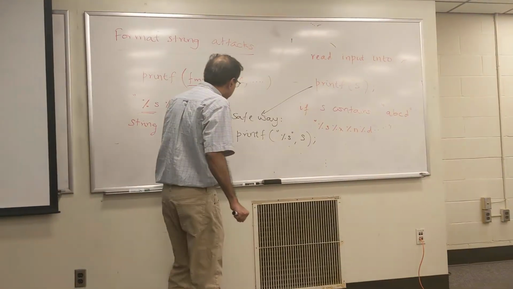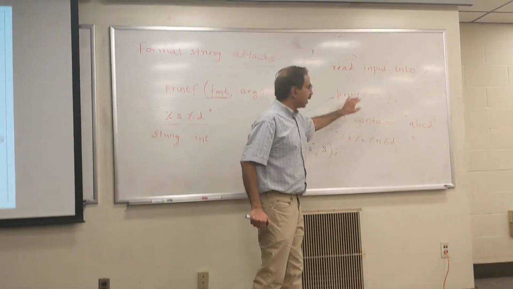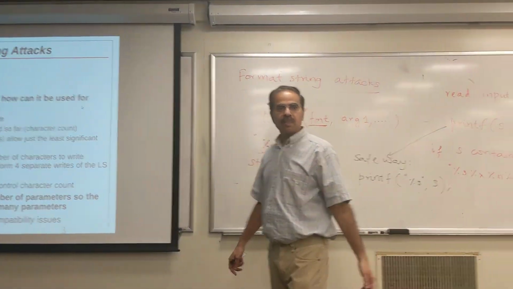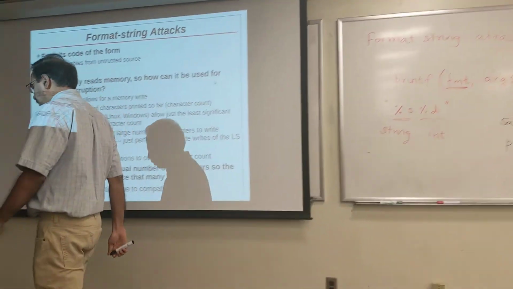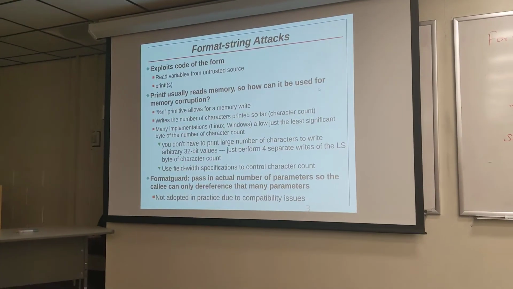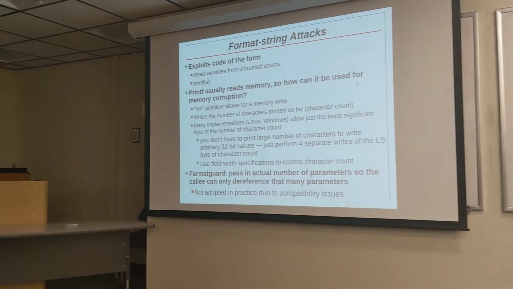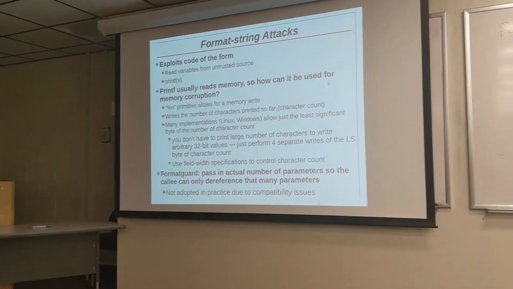But people make mistakes, and they write this, and since the program still continues to work, the error may not be detected, and in that case, the attacker has the ability to change the interpretation of the stack. Okay?